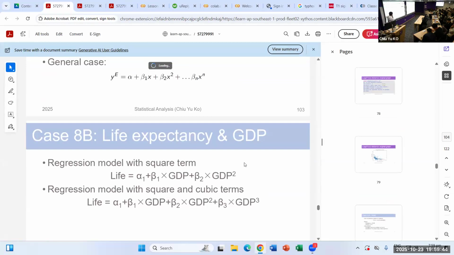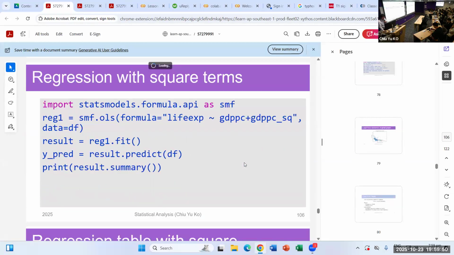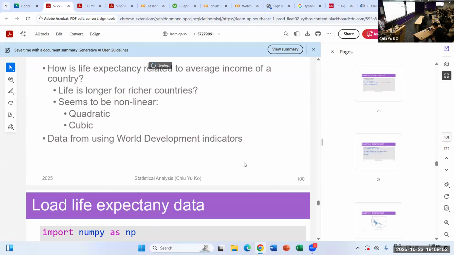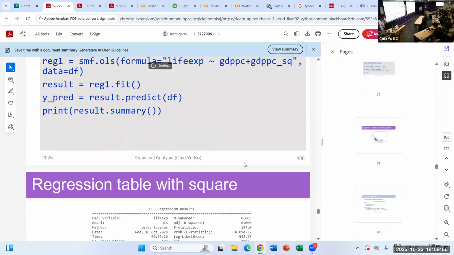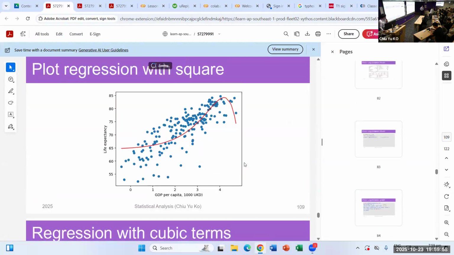We fit GDP and GDP square, because we know that when you get wealthier, the data is non-linear. It's growing at decreasing rates. So if you fit a squared term, it will be a better fit. Okay, so that is the reason.